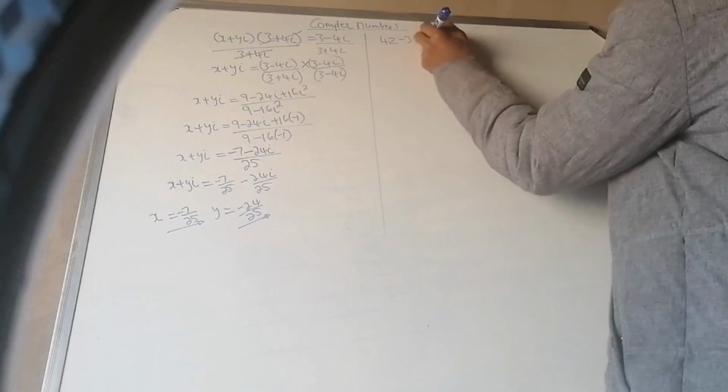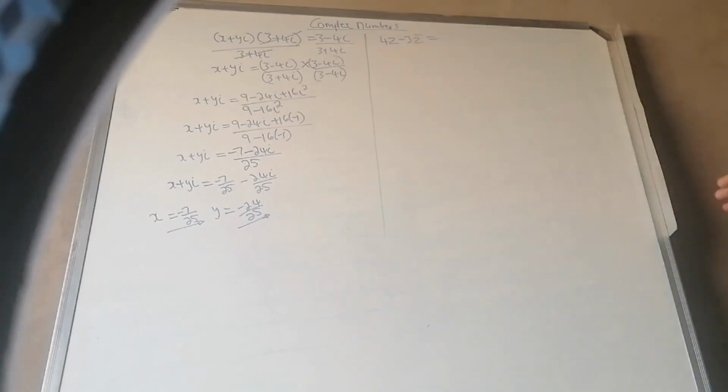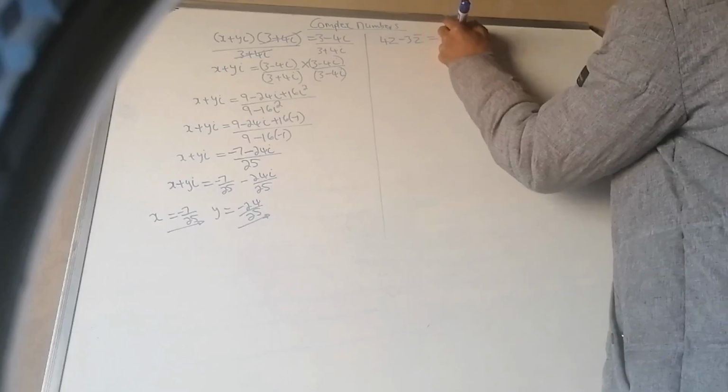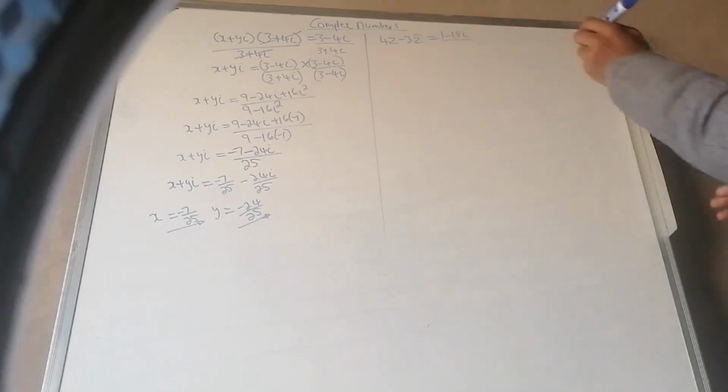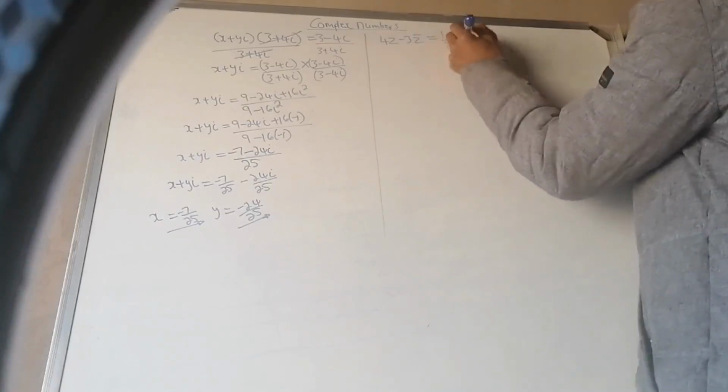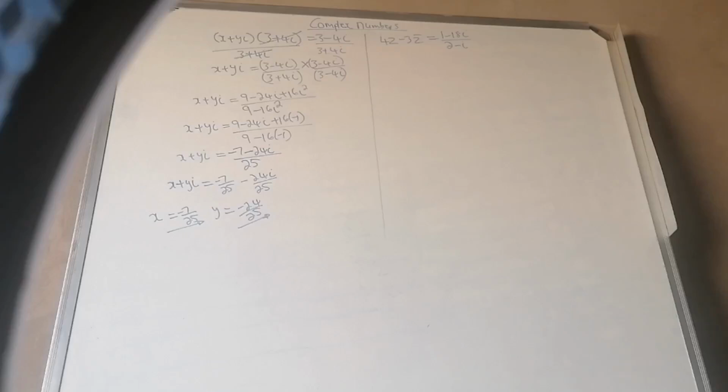This is equal to (1 - 18i) divided by (2 - i). I don't know whether this is copied correctly. Yes, they say where z with a line on top denotes the complex conjugate of z.